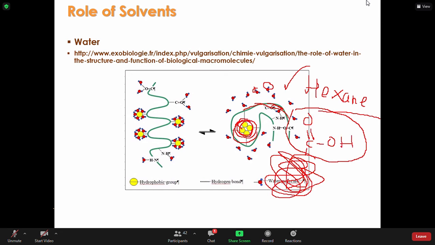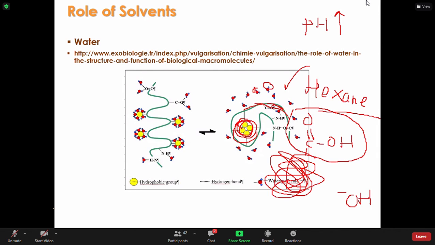There is no charge. But then, if you increase the pH, what will happen? You increase from 5 to 9. What will happen? You have more OH minus here. What will happen? Correct.